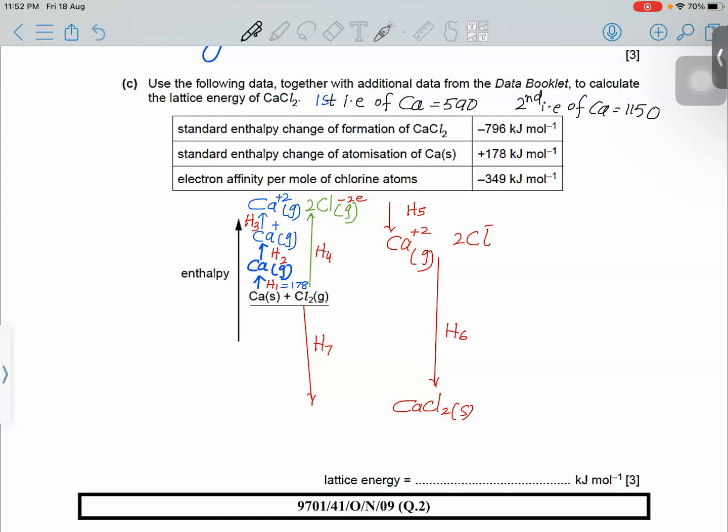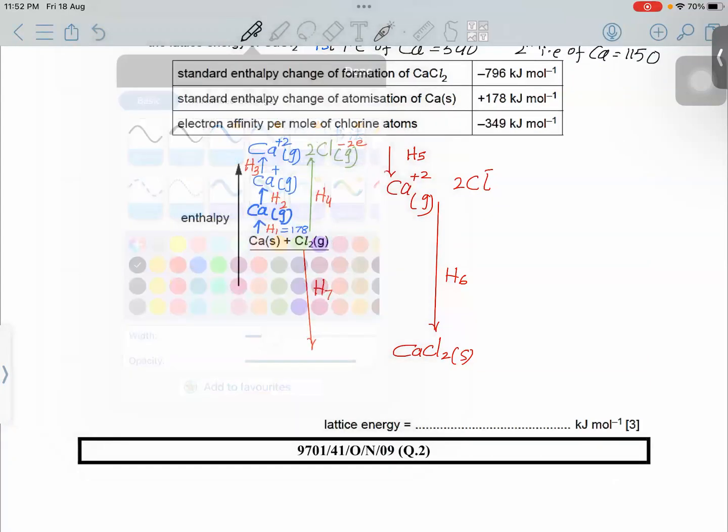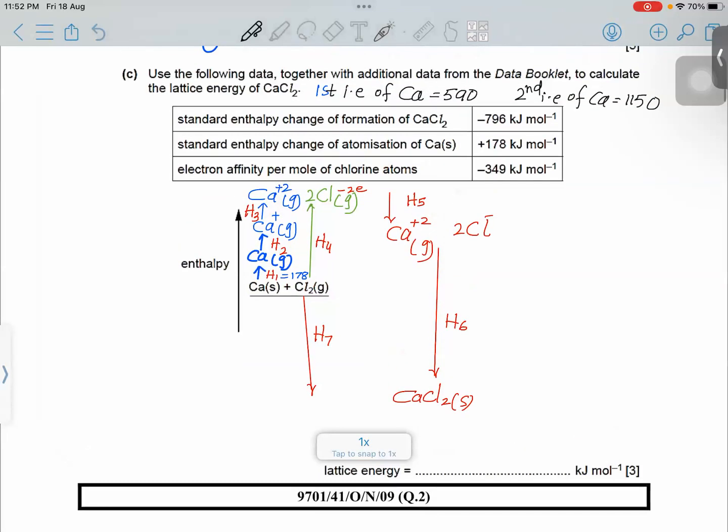Now you can tell me the value of H2. Sir, H2 is 590, and H3 is 1150.